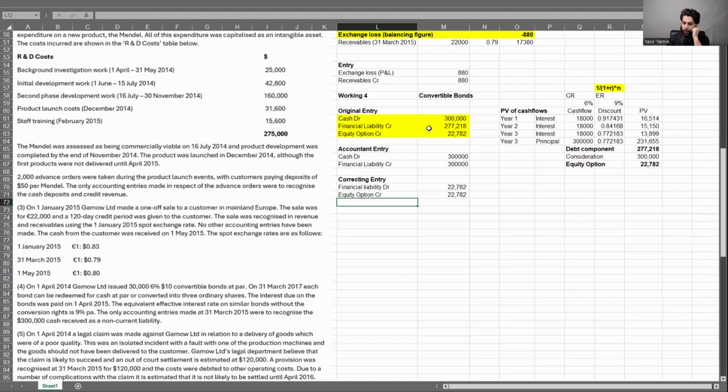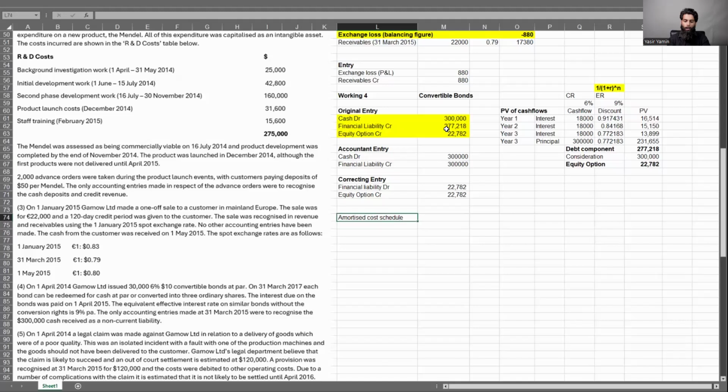All right. Now this is done. So after this has been done, you guys know now, once your debt component has been correctly identified as 277,218, you need to prepare an amortized cost schedule. Do you guys remember or not?